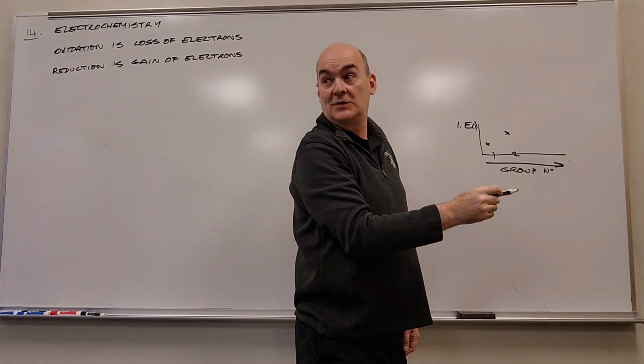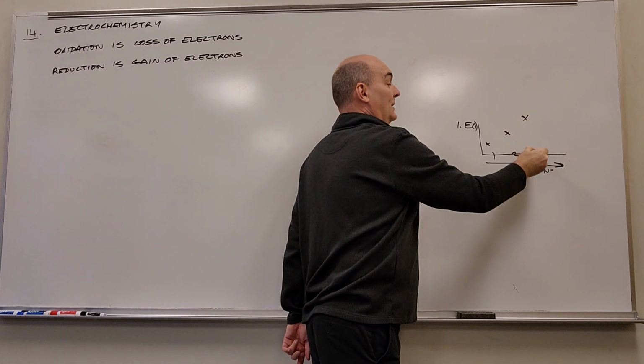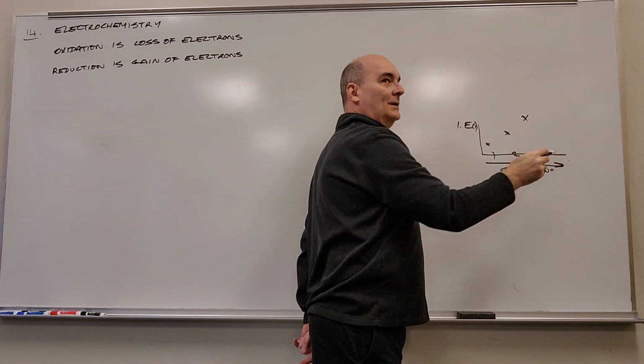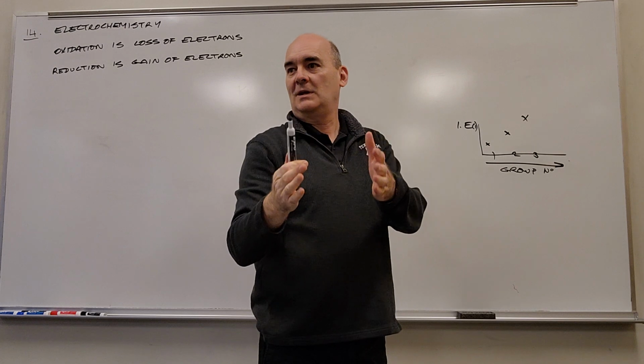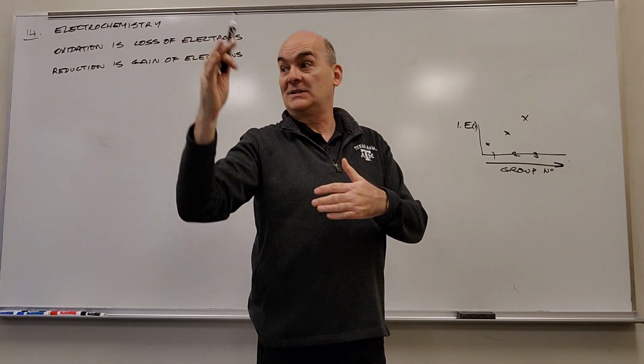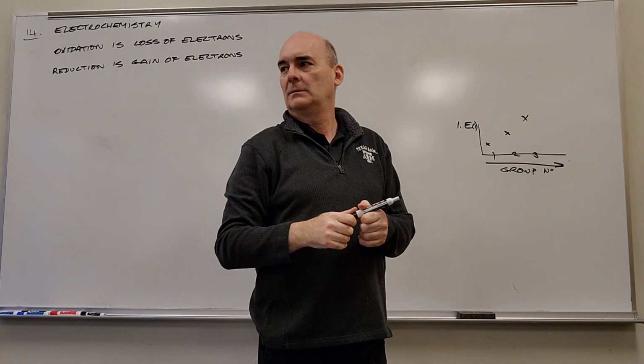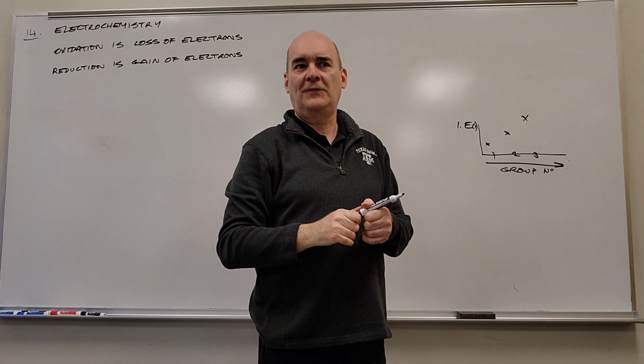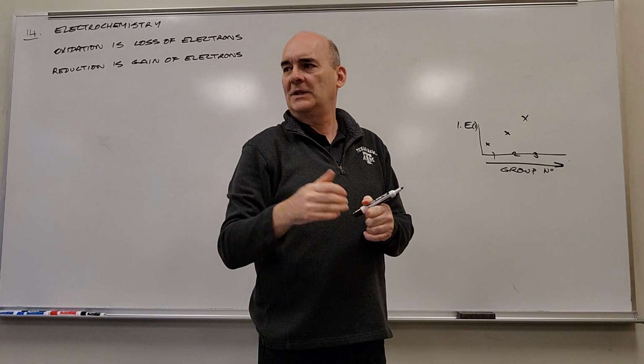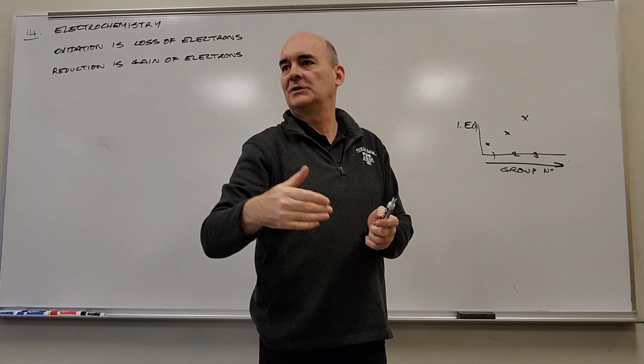Group 2 doesn't have it too hard. Group 3 gets to be hard. And then once you're in 4 and 5, now it's difficult. 5, why are you trying to remove the 5th electron? At this point, you should be gaining electrons to try and get to 8.